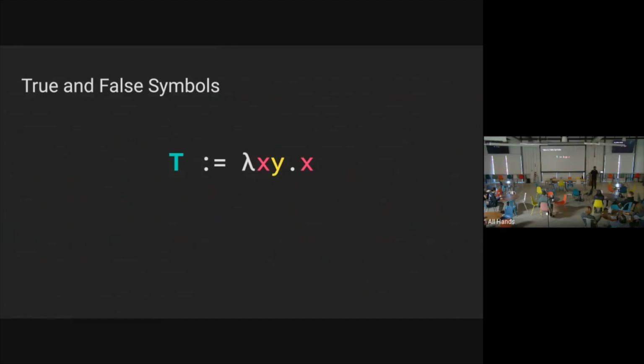Very similar to how the number 7 as a symbol is defined in terms of the successor function, here the symbol t is defined as this function over here. It's a function that takes in 2 parameters and returns the first parameter. And the false symbol is the function that also takes in 2 parameters, but it returns the second parameter. Is everyone following?